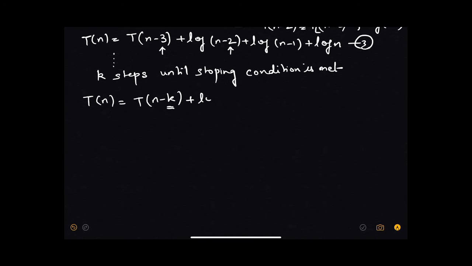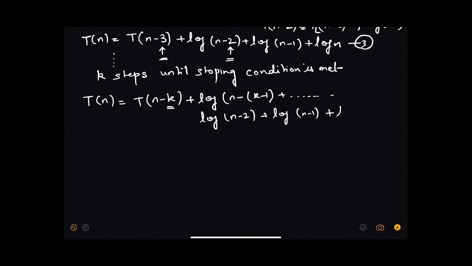Then the last log statement becomes log(n-k+1), because I have just checked that if I'm having 3 over here, I'm taking the maximum of 2 in my log statements. And then it becomes log(n-2) + log(n-1) + log n, right? So what I have to check now is my stopping condition.